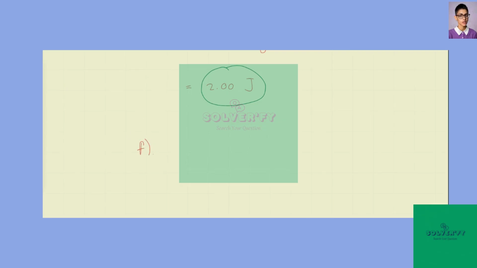Lastly, in part F of the problem, we want to find the kinetic energy when x is equal to 0.4A, where A is the amplitude. So we'll use the conservation of mechanical energy for the oscillator. We know E is equal to the elastic potential energy, half k x squared, plus the kinetic energy, a half m v squared, and this must equal the maximum elastic potential energy, a half k A squared.